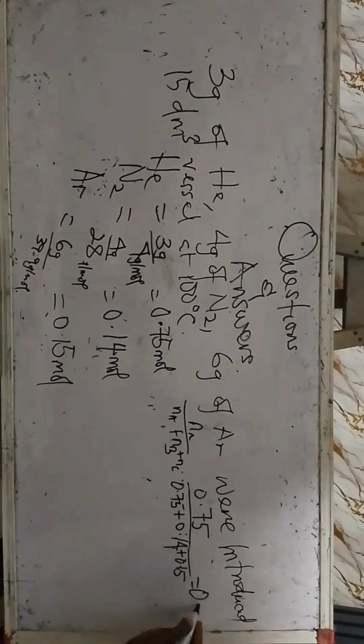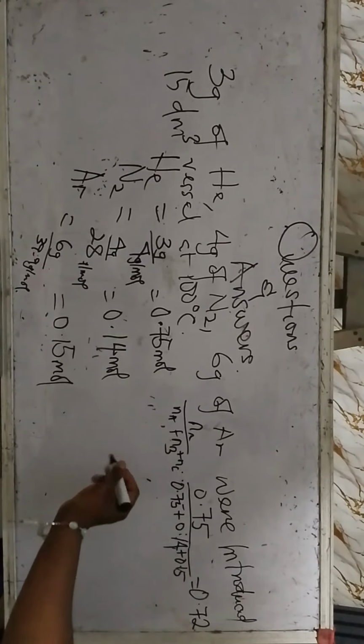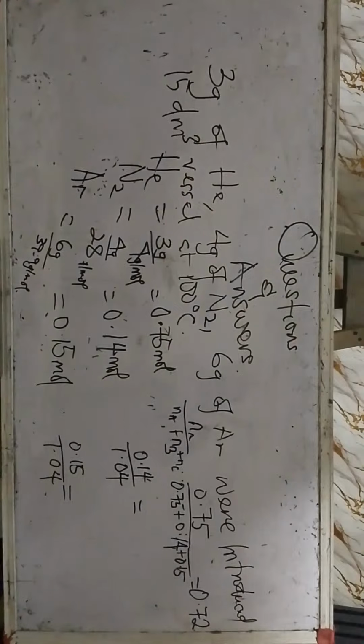So you have the mole fraction of helium to be 0.72. Then repeat the same thing for nitrogen gas and argon. So nitrogen gas is 0.14 divided by 1.04, and argon is 0.15 divided by 1.04. So what do you have?